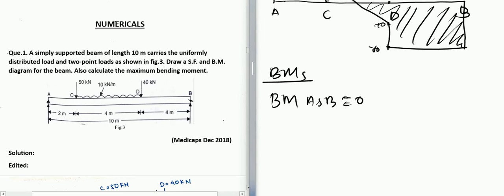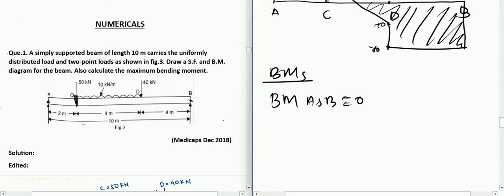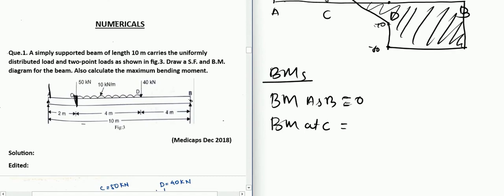After that, you can just calculate at C. So let us say this is C. I am calculating bending moment at C. It will be the force at A, which is 80, so 80 into 2 in the clockwise direction. Whenever you are taking the left and it comes out to be clockwise, it should be positive.